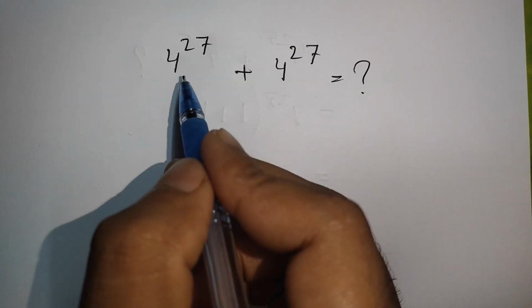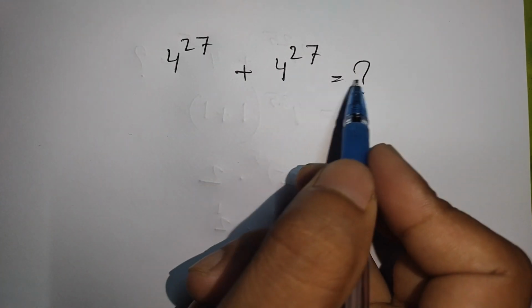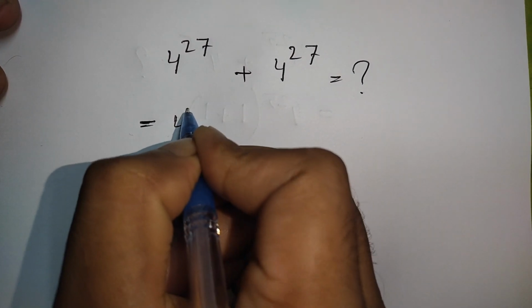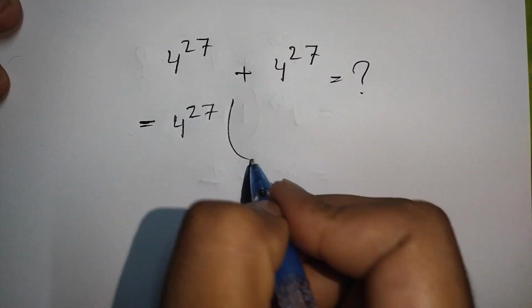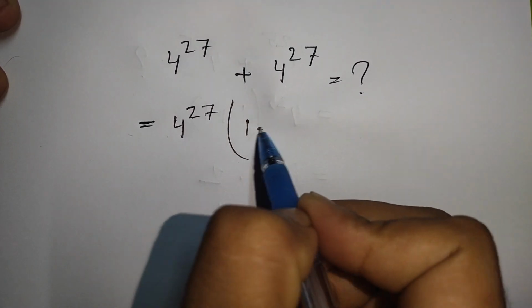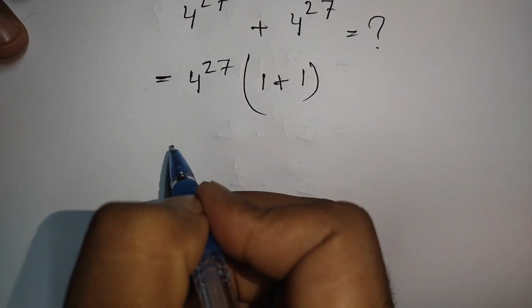How to solve 4^27 plus 4^27 is equal to what? At first we take common 4^27, first bracket start, this divided by this, that means 1, plus this divided by this, that means 1.